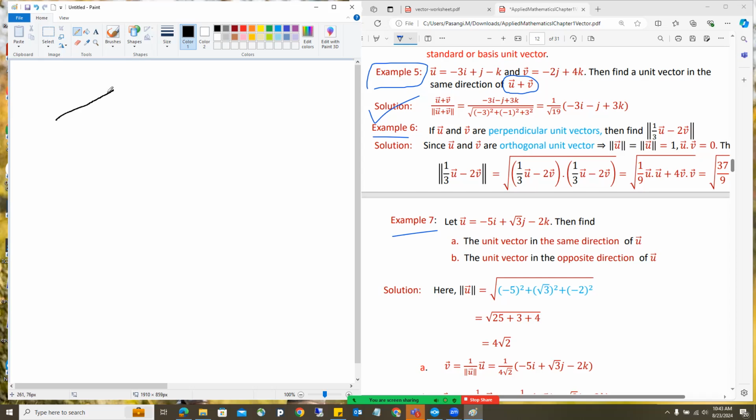So let's assume we have this vector u like this. So the given vector u is like this. And what about the other vector? You need to sketch these ones. This one would be vector v.